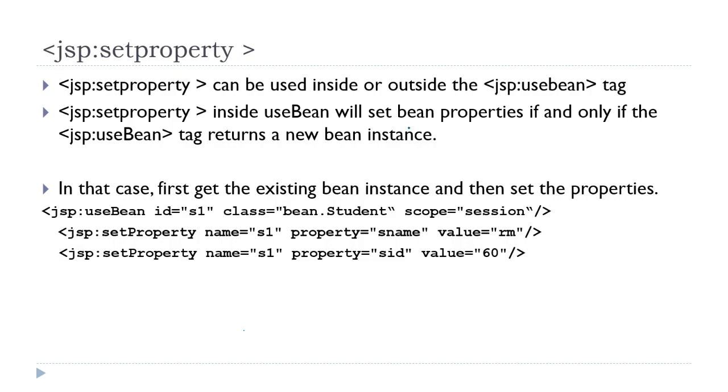If it is returning an existing bean instance, then the set property tag needs to be written after the useBean tag. As you can see here, the JSP useBean tag starts and it ends here, and after the end of the useBean tag we have to specify the set property tag.